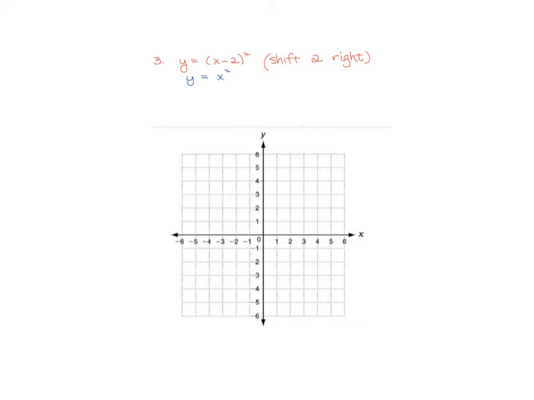Again, I will graph the basic function, 0, 0, negative 1, 1, 1, 1, and now I will take each of those 3 points and shift them 2 units to the right. So first the origin, then that far left point, shift it 2 units. It's going to be on top of that one, and then finally the ordered pair 1, 1, shift it 2 to the right, and now connect the dots, and again make your U shape.